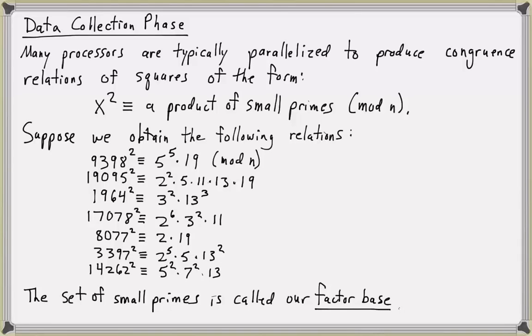Once again, these relations are often found over several months, maybe even years, using computers that are connected via the internet so they can be working together on this problem. Now let's go to the data processing phase.